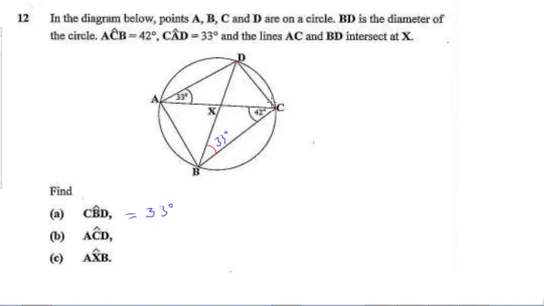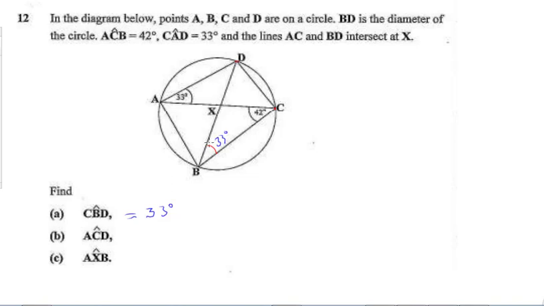ACD. How do we find angle ACD? Going straight to the point. What do you think, grade 12s? Well, we've been taught to say the key is in the question. BD is the diameter.